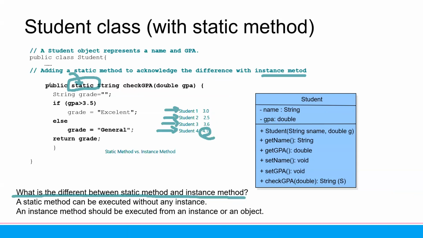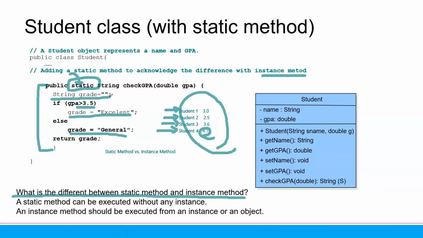But the static method is for all the possible values. For example, in this case, I would like to know the GPA. If the GPA is greater than 3.5, then let's put the grade equals to excellent. But if it is not greater than 3.5, let's just put it is general. So the string will start with blank.